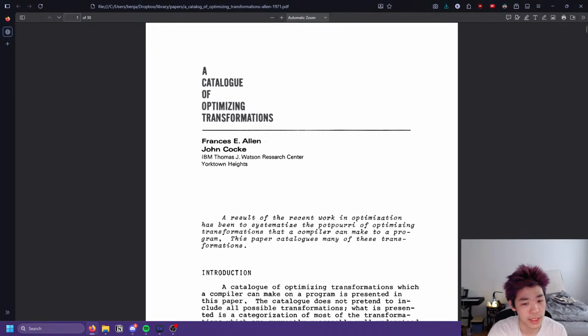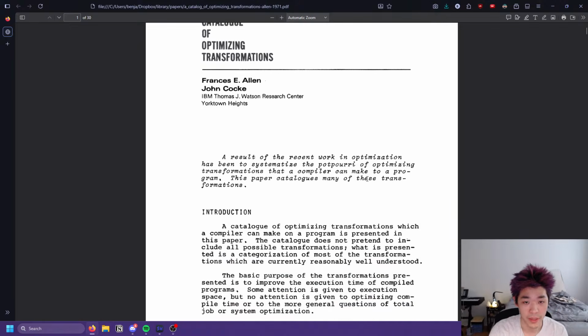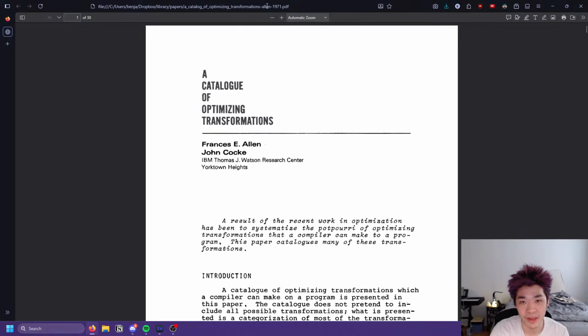There is some stuff that's missing in here, because this paper is from 1971, which is ancient, but it should be a good start. So I guess we could work through this. I haven't actually read it, but I have been told that it is a good resource. So we're gonna try to do a little bit of categorization and make a taxonomy. It'd be pretty cool if we could do that.